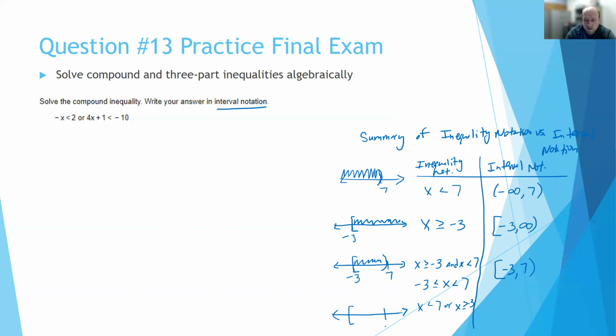So it can include everything over here that's less than 7, and then everything that's greater than or equal to -3. So in this case, we would have everything from negative infinity to infinity.